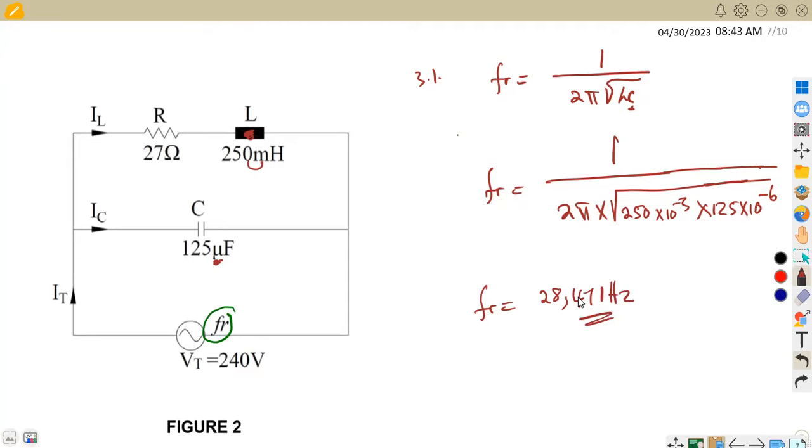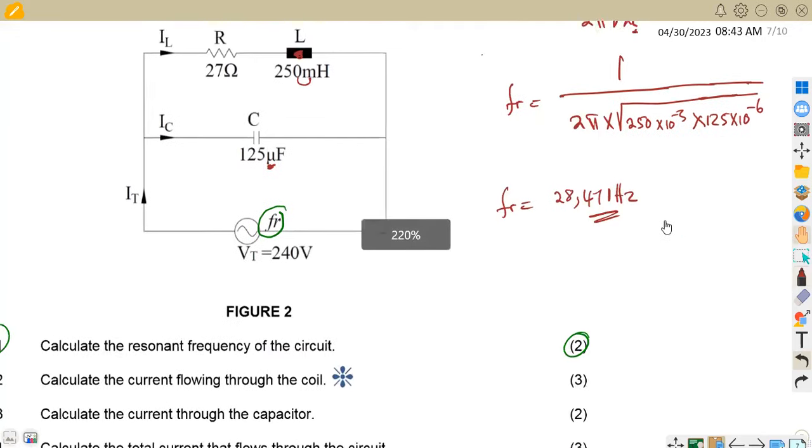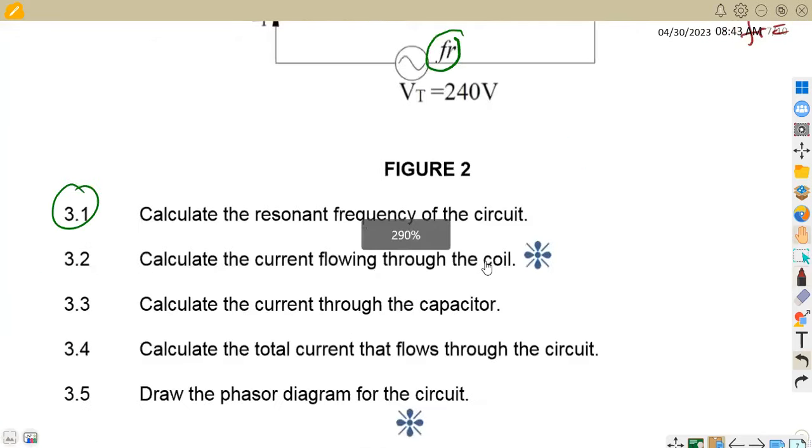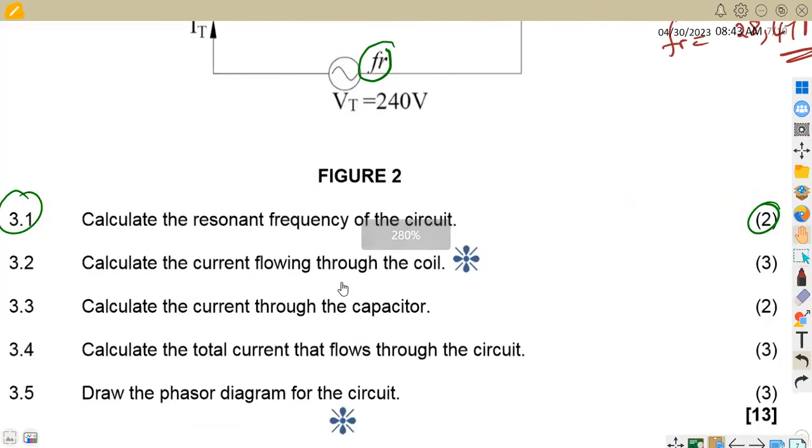Remember, resonant frequency is measured in hertz, just like a normal frequency. Now the current flowing through the coil. Take note, we are talking about the coil, which is the inductor.